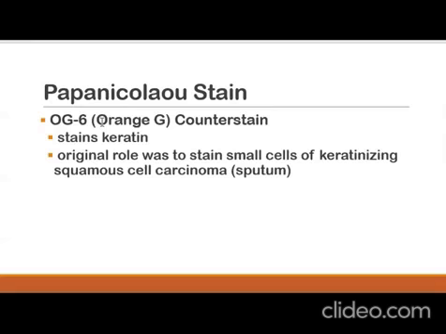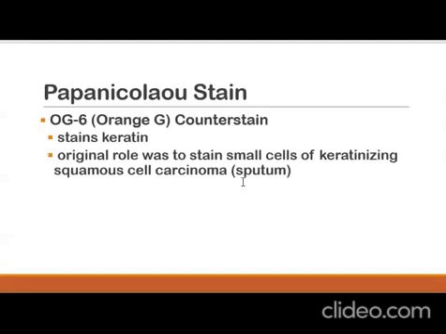OG6's actual original role was to stain the small cells of keratinizing squamous cell carcinoma found in sputum specimens. Okay? So that was its original role. But now, since it was incorporated in the Papanicolaou stain, it's commonly used for gynecological specimens. Okay, and so its role has changed from diagnosing squamous cell carcinoma to diagnosing cervical cancer.